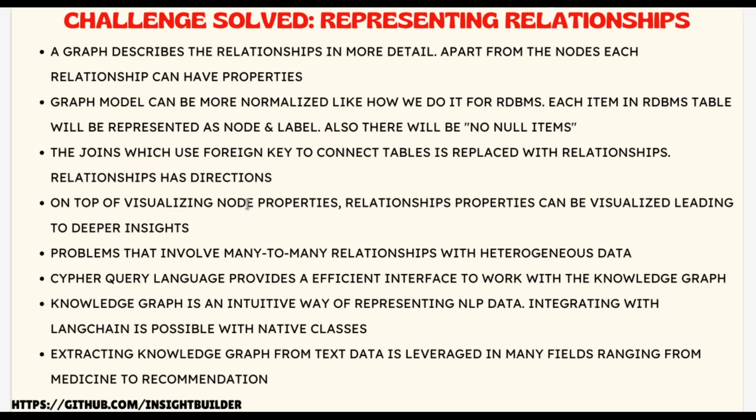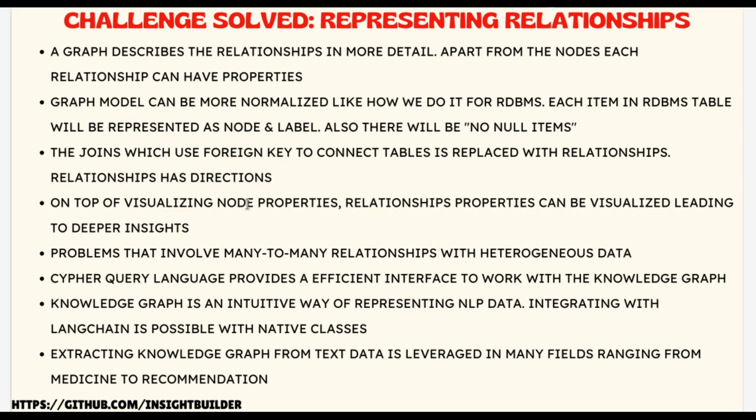But in the case of a graph database, I found that it's much more interesting, because relationships can be expressed in more detail. This is one of the key aspects of a graph database.